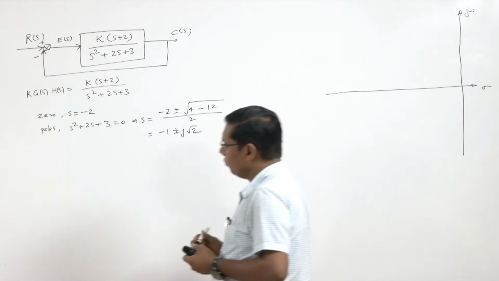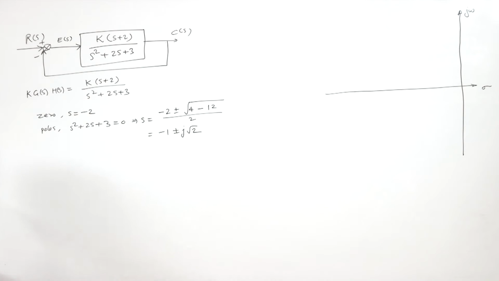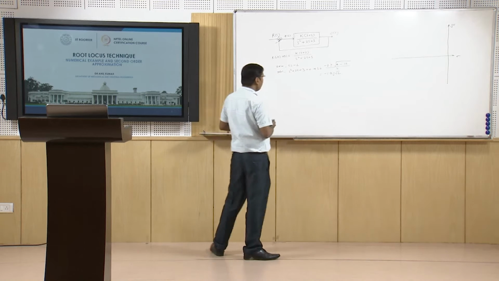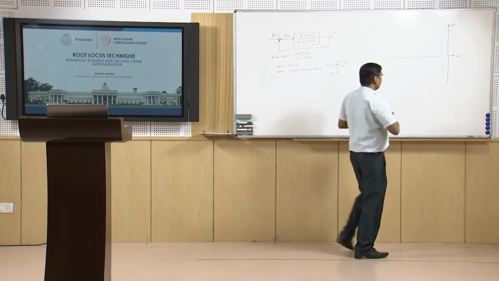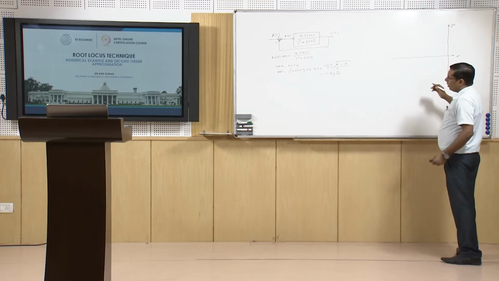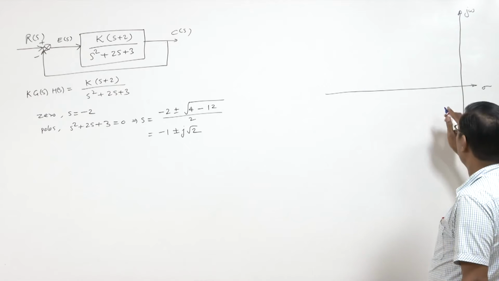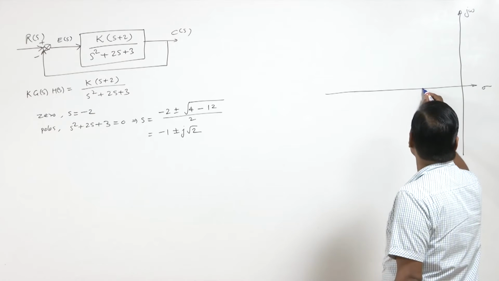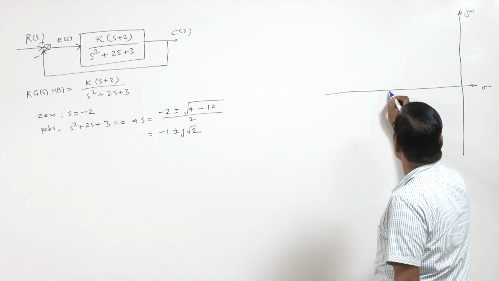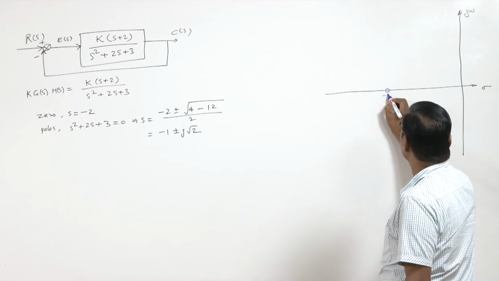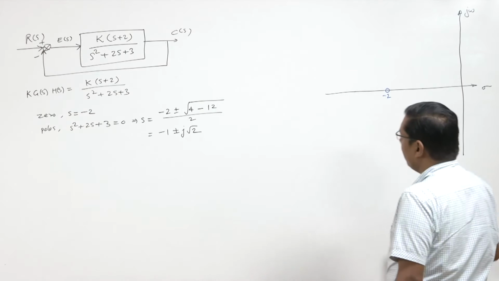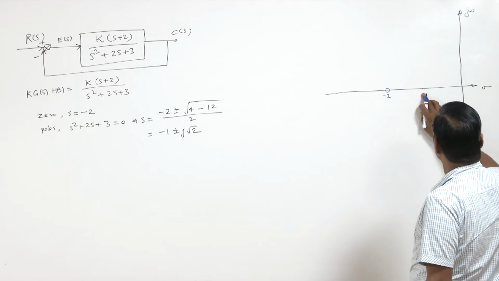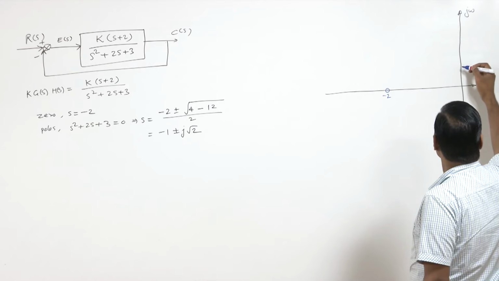We have to locate these zeros and poles because they are the zeros and poles of the open loop transfer function. This GsHs is the open loop transfer function, and so we put the zero at s equal to minus 2. If this is minus 1 and this is minus 2, so here is the zero at minus 2, and we have poles.